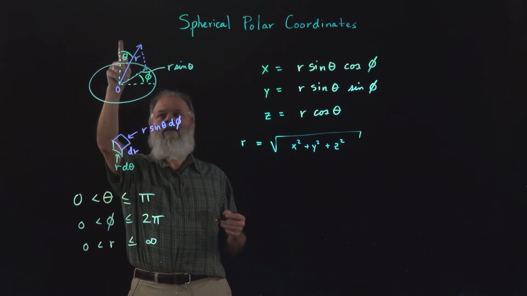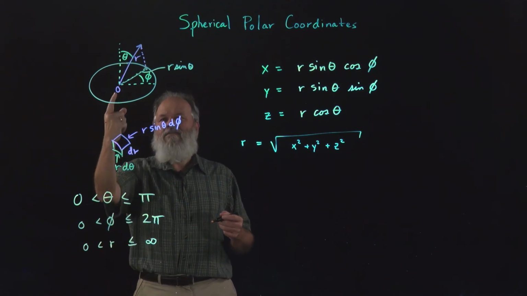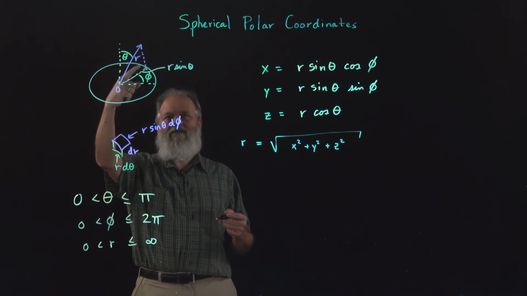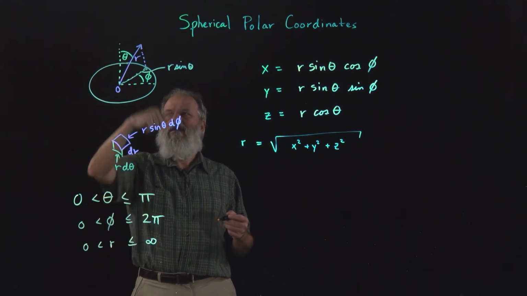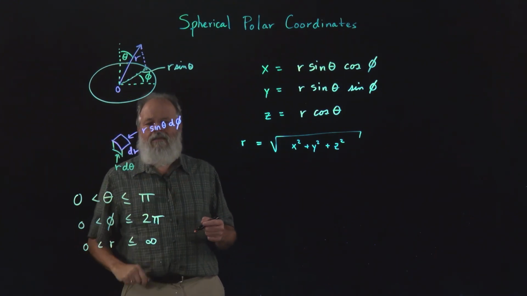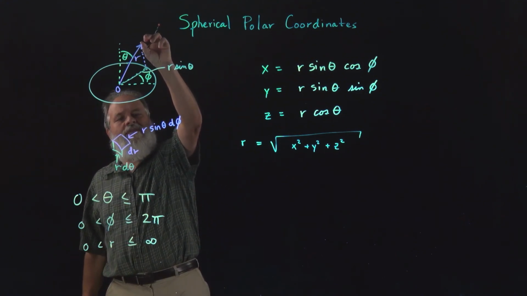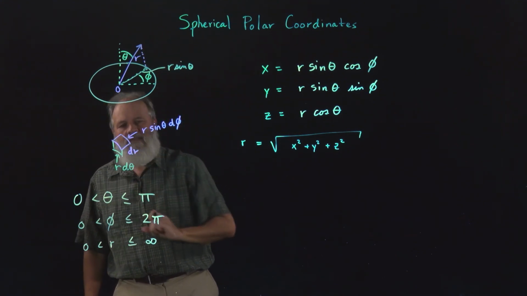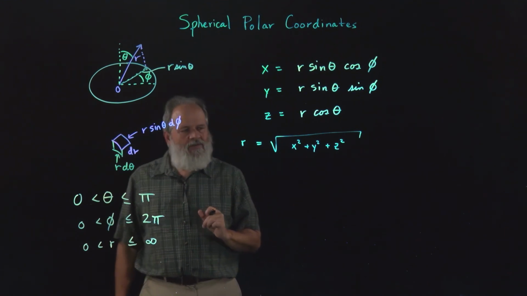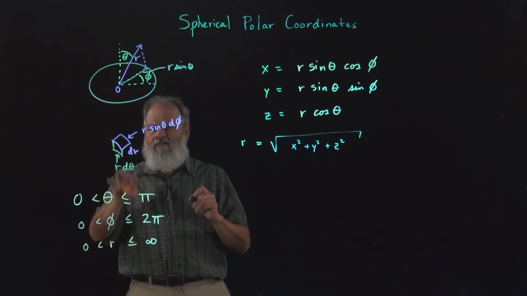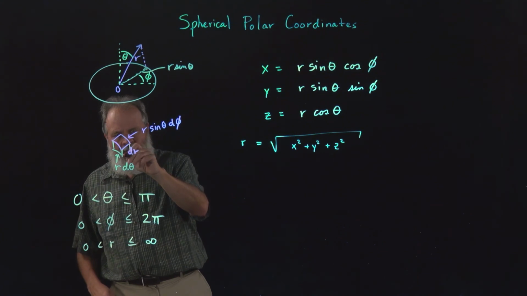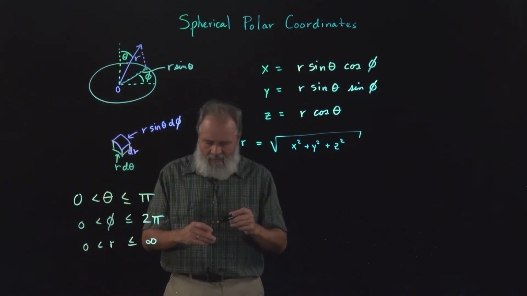Whereas if we change theta, the vector that is describing the arc is r, not r sine theta, so that'll be just r d theta. And then if we lengthen the vector by a differential element dr, the change in that little volume element is going to be dr. So we just multiply all of these together to get the differential volume element.